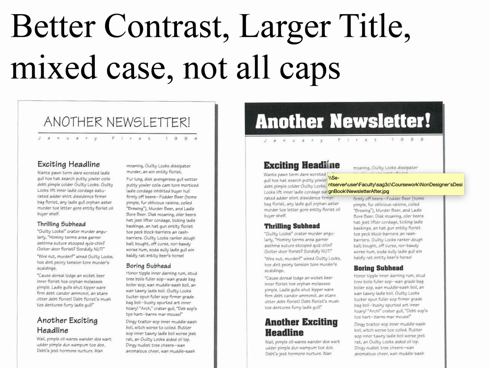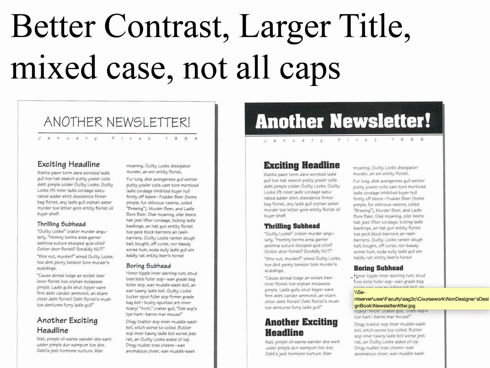And in fact, they added hierarchy in the contrast. So exciting headlines are a little bit larger, but the thrilling and boring subheads are smaller. Those are very, very subtle. You might not have even noticed it because when you look at this, you see 4 sections. But really, when you look at it even more, you can see which areas you should read first.